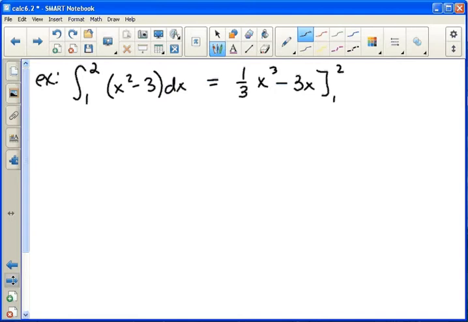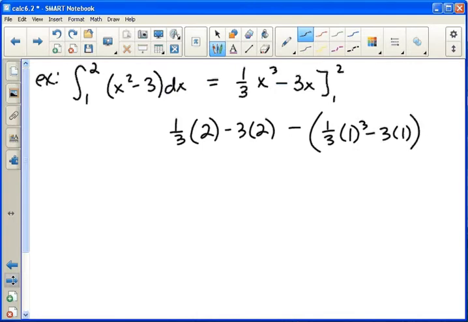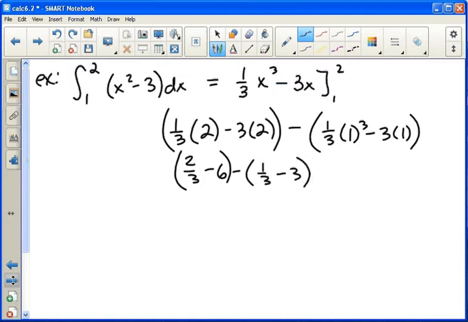So plug in the 2 minus plug in the 1. Okay, so that gives you 2/3 minus 6 minus 1/3 minus 3. And when you solve that, you should get a negative 2/3 as your result.